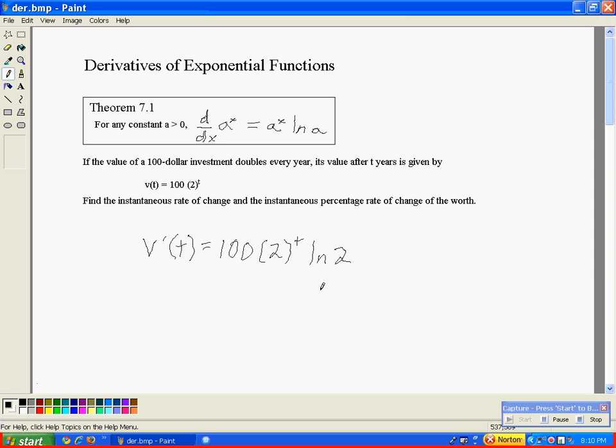So, let's take a look at that. When t equals 0.25 years, that's the first quarter, then V prime will be about $82 per year at that given moment.